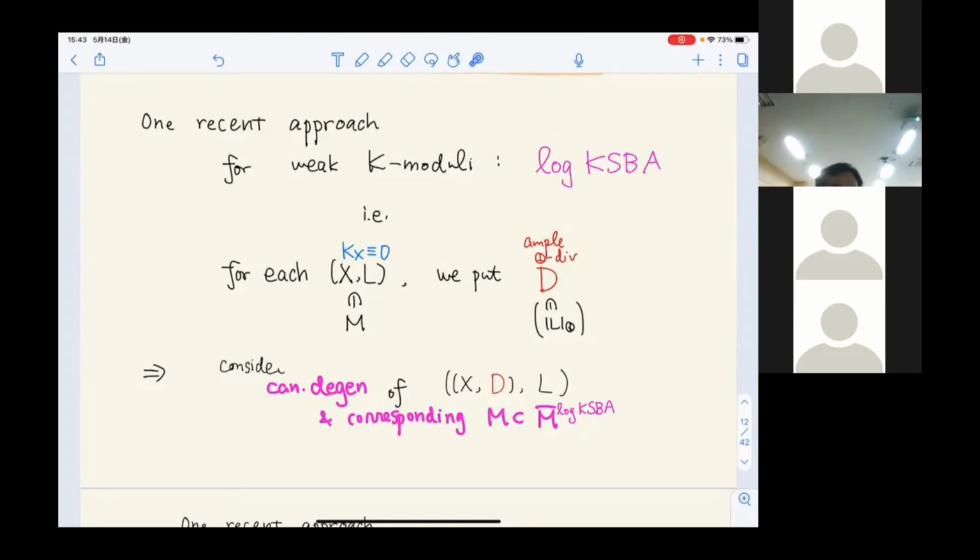I think this is essentially the only way to give the weak K-moduli, and we can even prove that the weak K-moduli should always be some example of log KSBA. I mean, this way of considering the ample divisors.